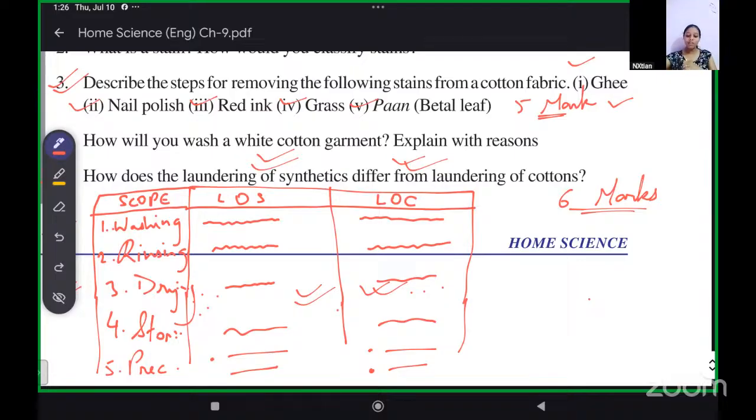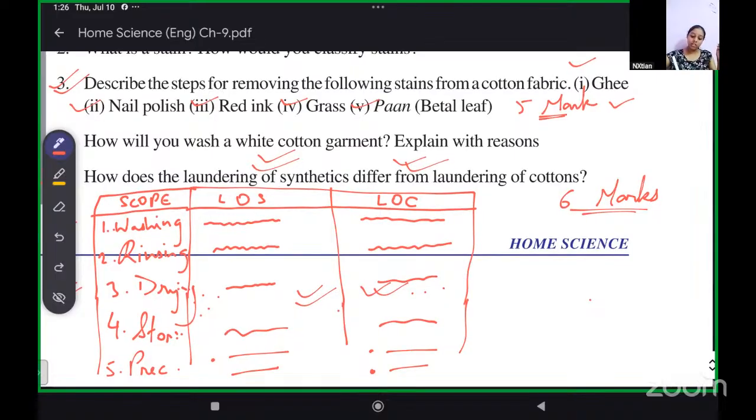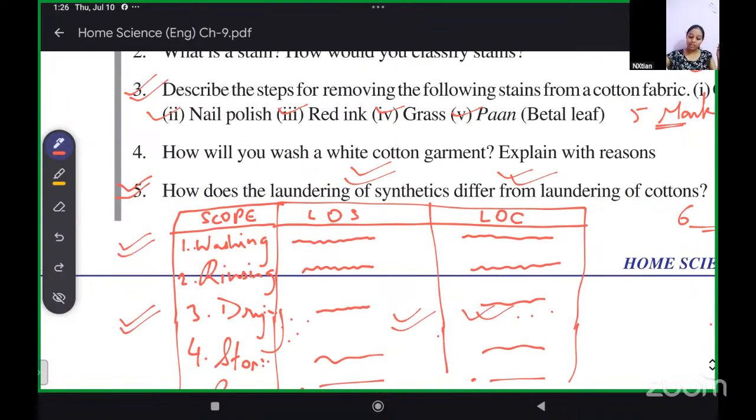That is why columns. Also, if you think you can give headings to your content, you can put scope. Otherwise, if you can't think what points to put in scope, then leave scope. But I suggest you make the table always whenever a difference comes.